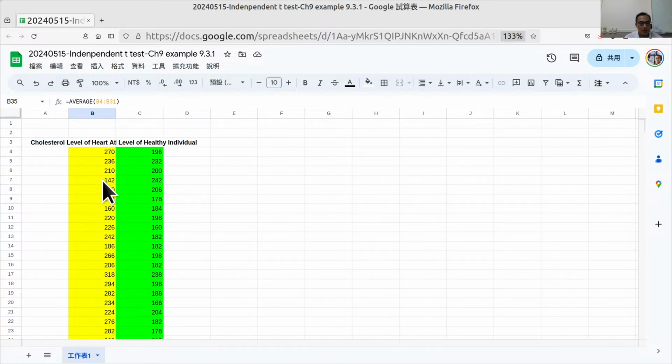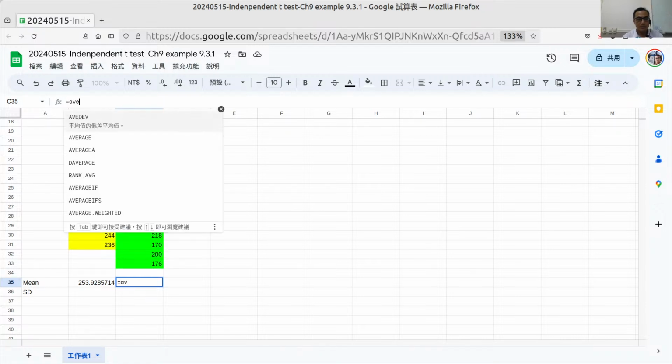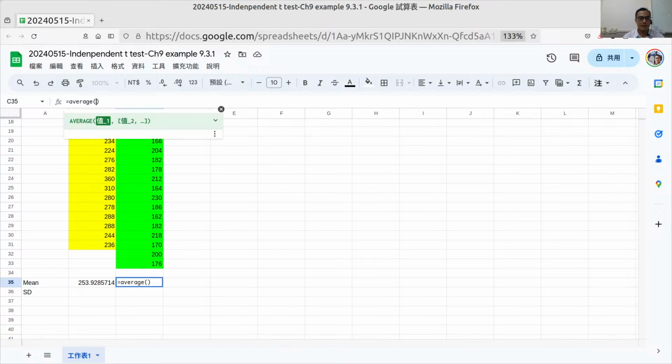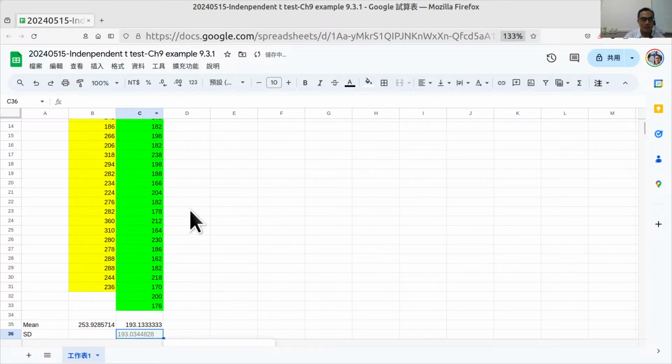And you don't need to repeat. Here again, the second group, the healthy individuals, click equal and click average, parentheses, and the range from here, and I hold the shift key and left click on the mouse, okay, and that's correct, and the answer.